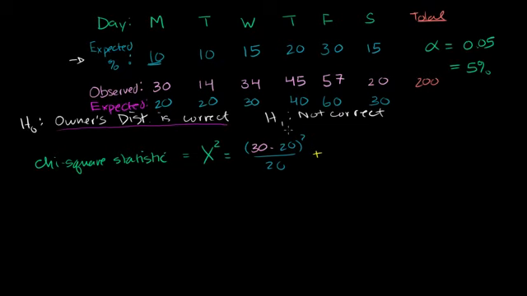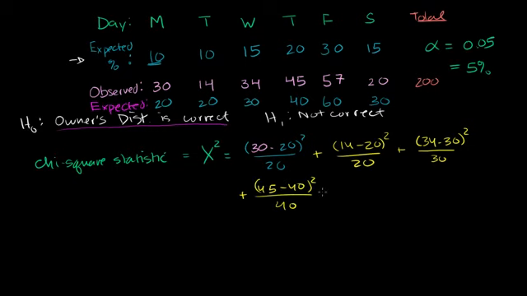So plus (14 minus 20) squared over 20, plus (34 minus 30) squared over 30, plus (45 minus 40) squared over 40, plus (57 minus 60) squared over 60.